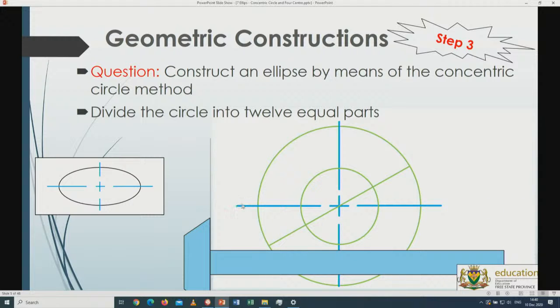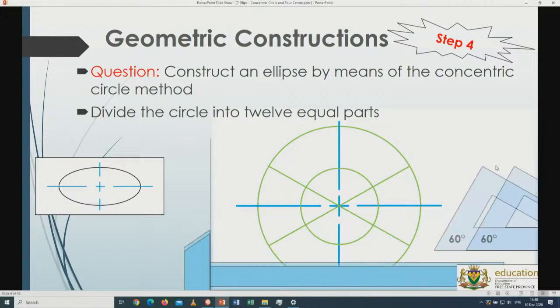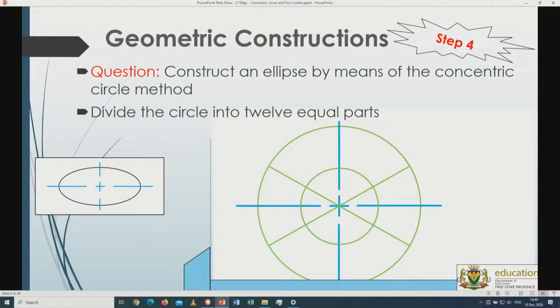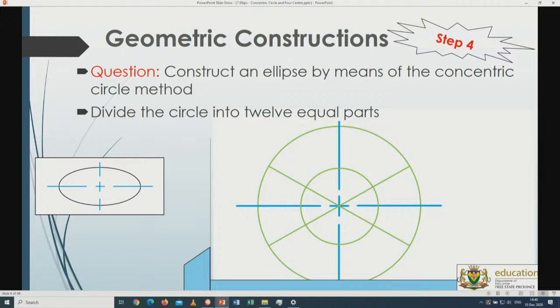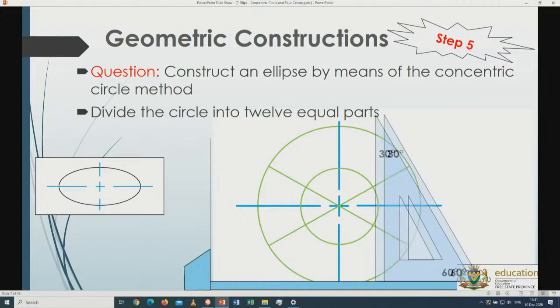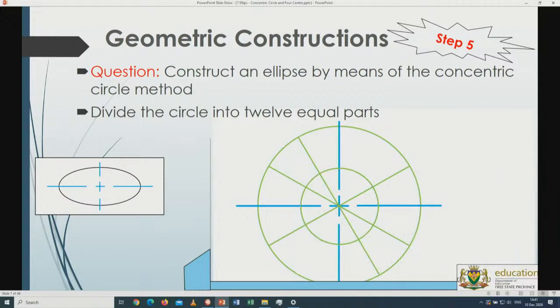Right, now with any circle, we will basically divide this circle into 12 equal parts, and that we normally do by means of our set squares, like you see over here. We take the 30-degree set square on either side, and then we can also flip it over to a 60-degree and find the 60 degrees from left top to right bottom, and also the other way around.